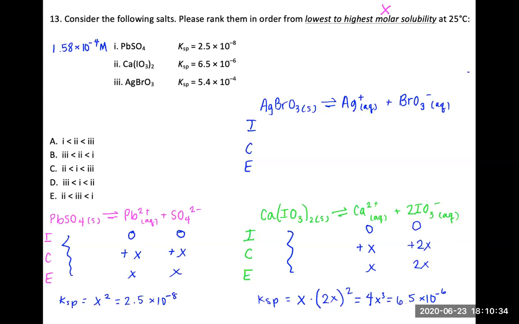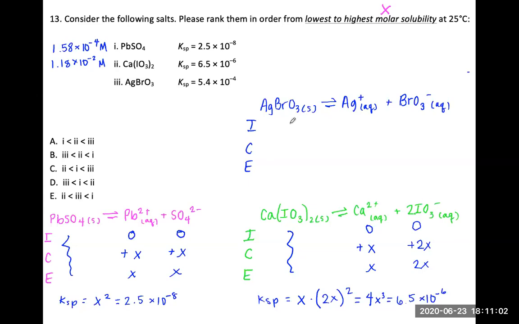The way that I actually do this is I raise the value to the power of 1/3. That's the same as doing a cube root. And when I solve for this, I get 1.18 times 10 to the minus 2 molar. So make sure you're comfortable doing a cube root before the exam rolls around.